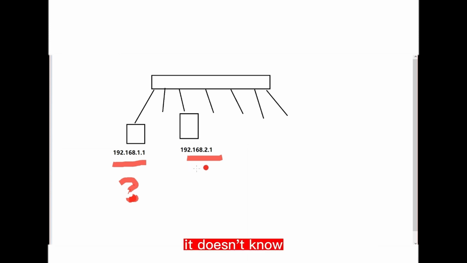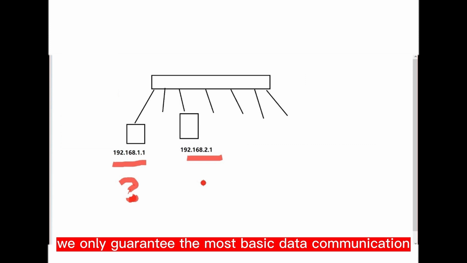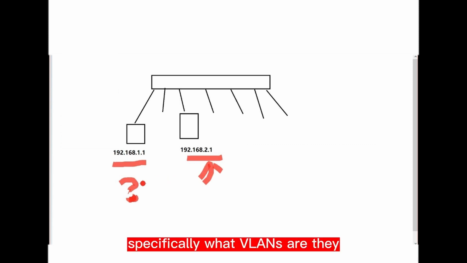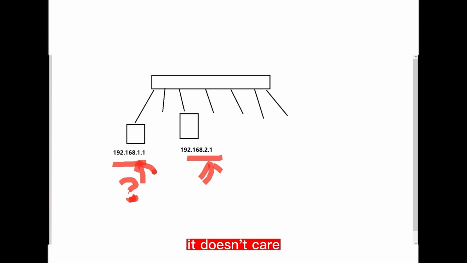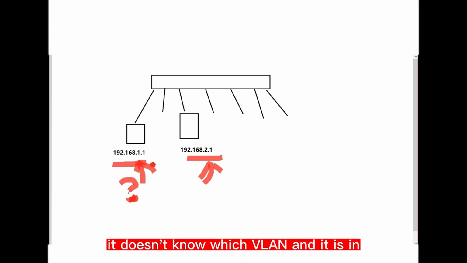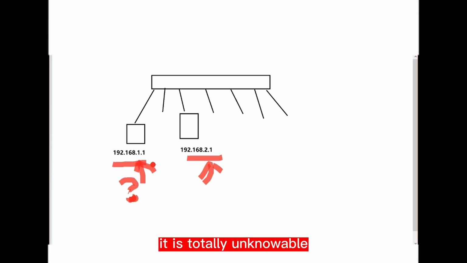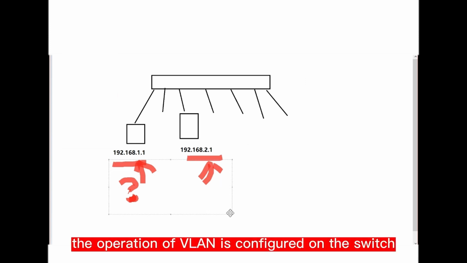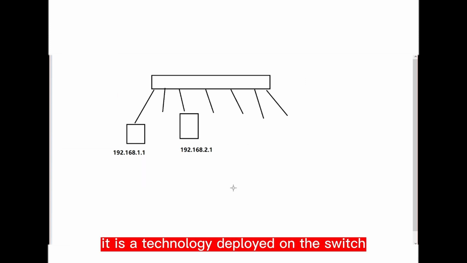It doesn't know. So for end users, we only guarantee the most basic data communication. Specifically, what VLANs are they? It doesn't care. So when the PC is actually sending data, it doesn't know which VLAN it is in. It is totally unknowable. The operation of VLAN is configured on the switch. It is a technology deployed on the switch.